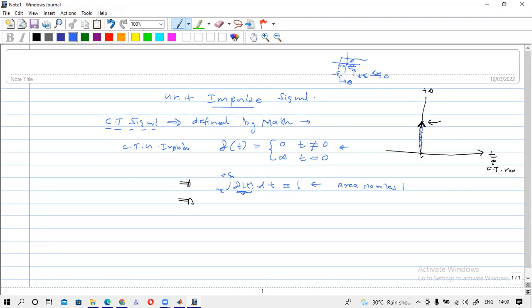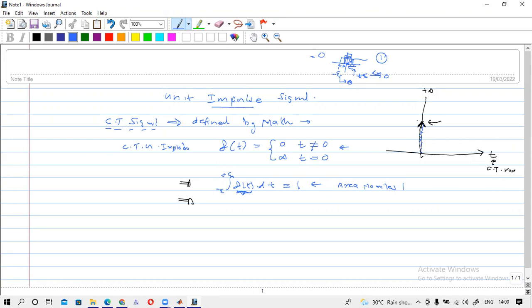But if you want to get the area as 1, you have to run this square up to infinity. Then you will get this area. Otherwise the area will be 0. It is a mathematical concept.